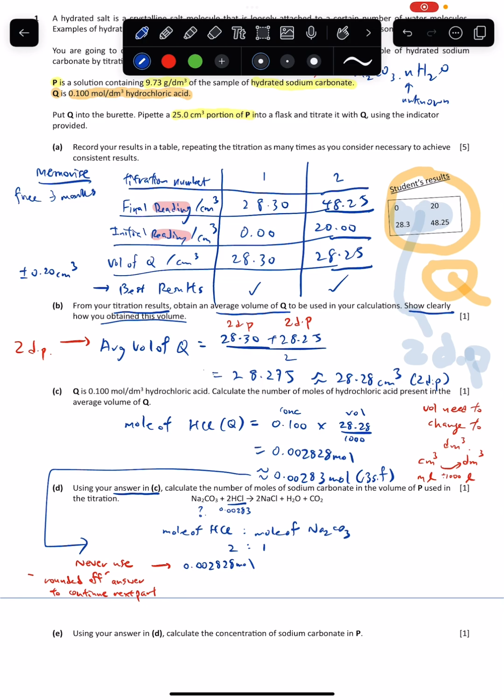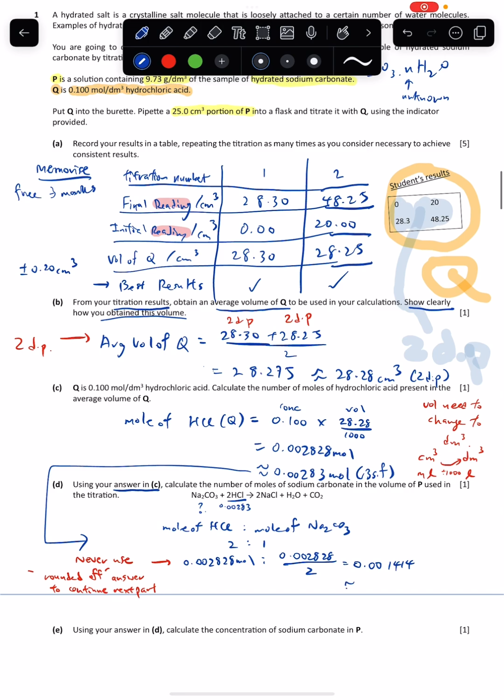Use real numbers, not the rounded off value. So therefore, it's just 0.002828 divided by 2 equal to 0.001414. Is that the answer? Wrong. Remember, 3SF. Wrong. Remember your units. Yay, 1 mark.